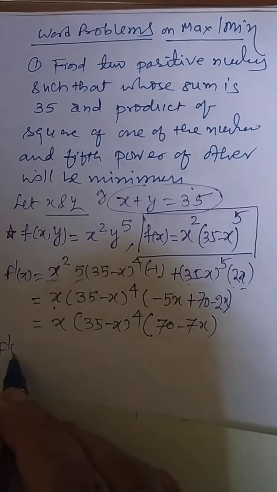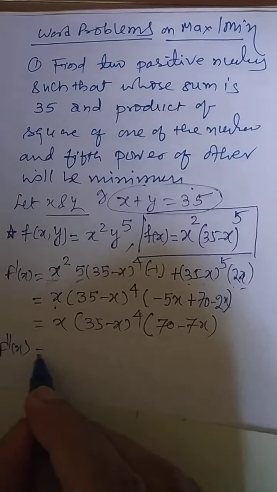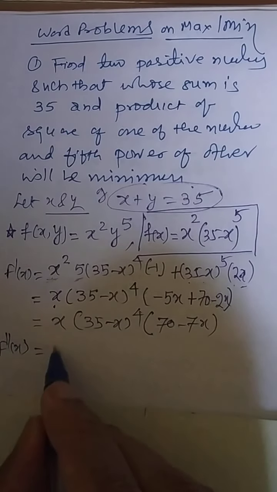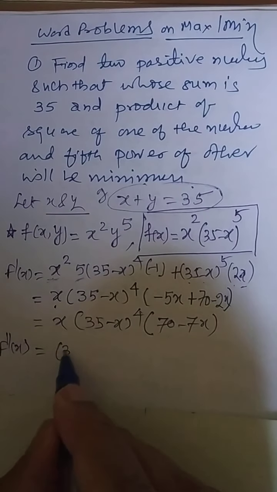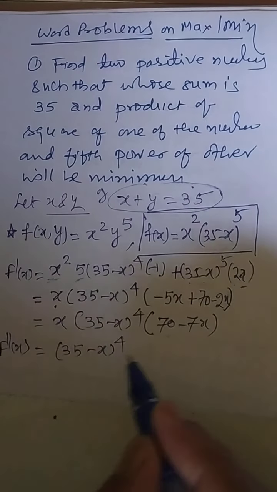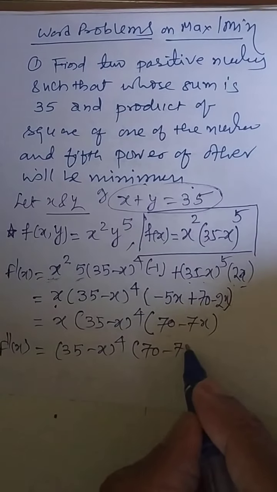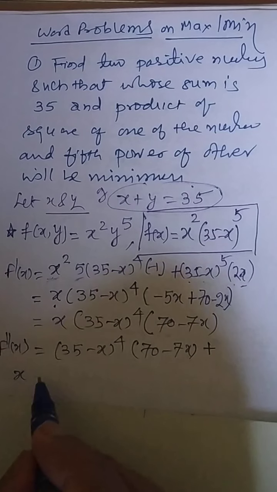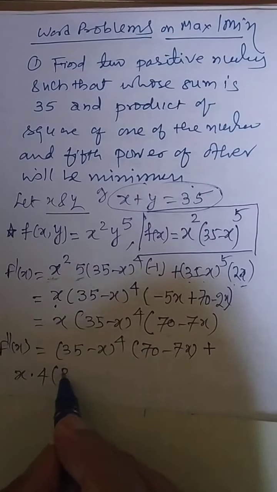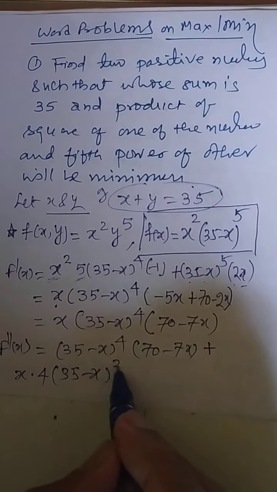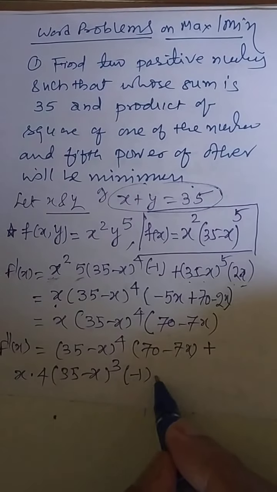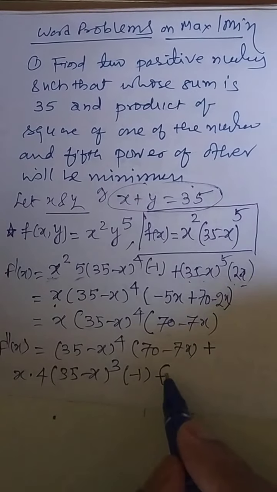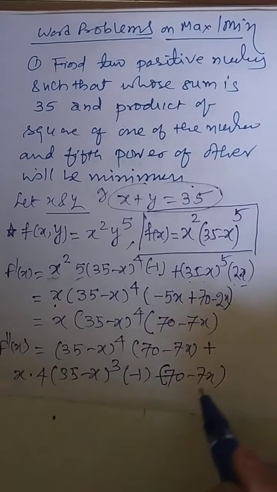Now f double dash of x. Do you know u, v, w we have learned? So I am trying to apply that. Differentiation of u is 1, so it will be 35 minus x raised to power 4 into 70 minus 7x, plus u I will keep as it is, and the differentiation of the second is 4 into 35 minus x raised to power 3 into minus 1, into 70 minus 7x as it is.